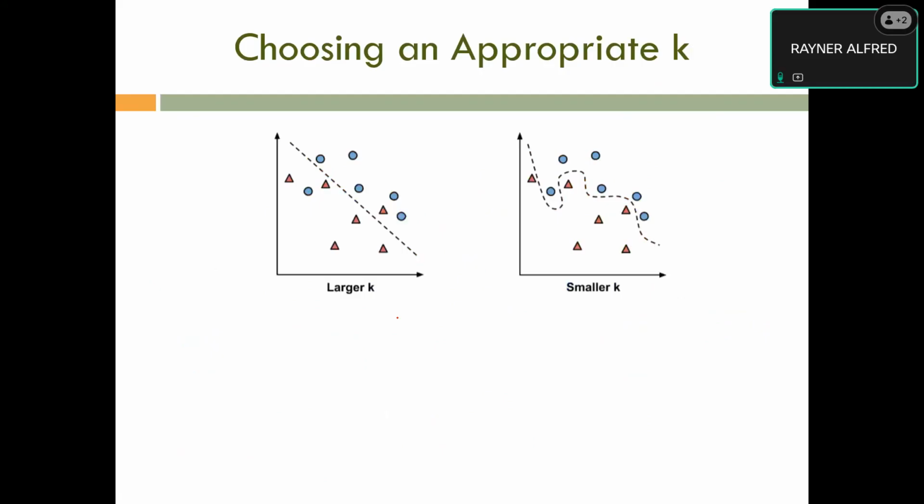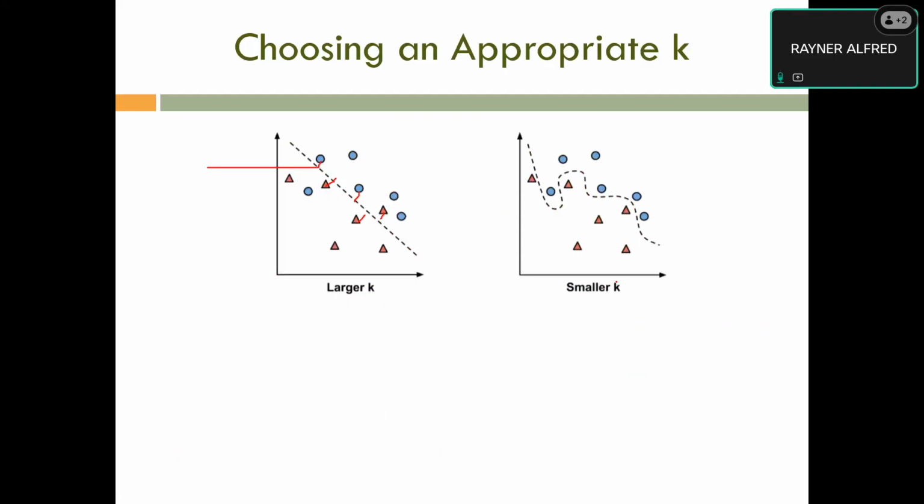So here is another example. A larger k means that you have more to cover, so you are measuring this and this and that. For that reason you have low accuracy, underfitting.